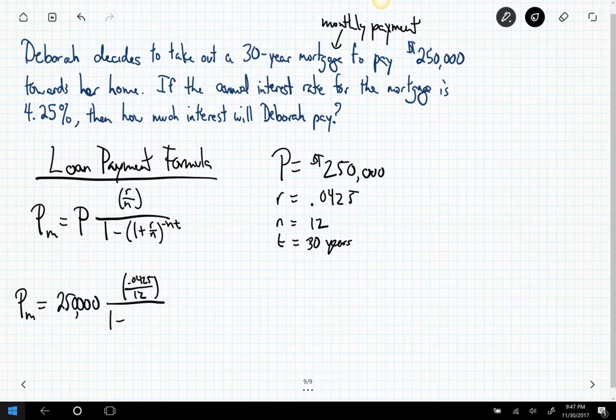Then we have 1 minus 1 plus 0.0425 divided by 12, raised to the negative 12, and then we have a T, which is 30 years. There we go. Now moving forward from here, what happens? Well, once again, I recommend doing the stuff in the fraction first, and we'll figure out what this value comes approximately to the nearest cent.